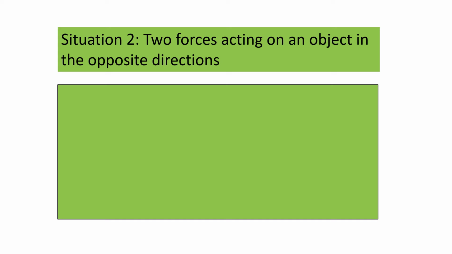Situation 2. Two forces acting on an object in opposite directions. Now you have an object and one force of 8 Newton is acting to the left. Another force, which is 6 Newton, is acting to the right.